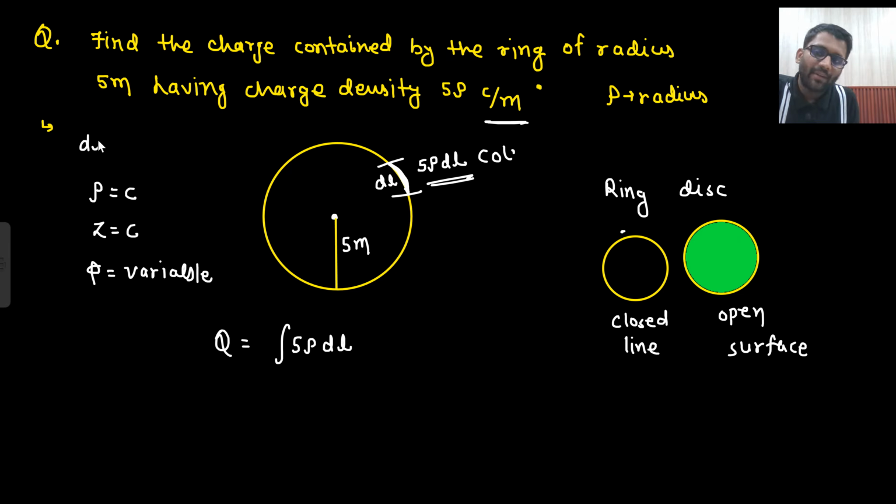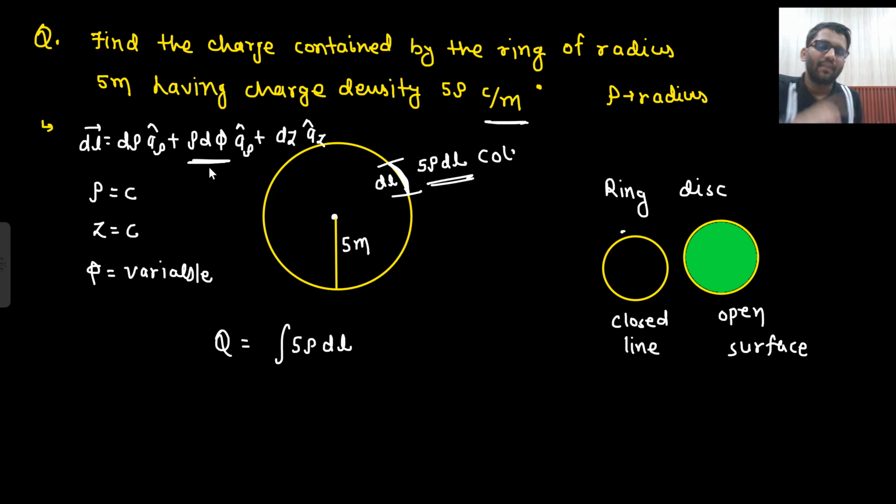So if phi is variable, what is the complete length? d rho a rho cap plus rho d phi a phi cap plus dz az cap. So if phi is variable, then rho d phi will be your dl.